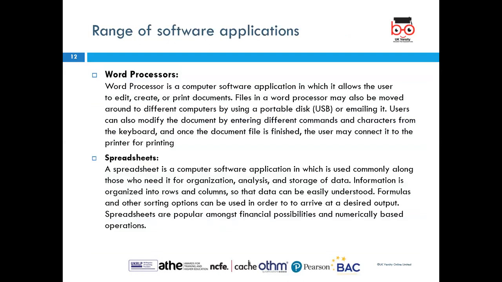Now we're going to look into the different types of operating systems, where we have Windows, Mac, and Linux, which are the three major ones. And when it comes to software applications, most of our computers come with predefined applications already installed, and these applications allow us to work on different types of activities. Say, for instance, as an education institution, we are required to work with Word.